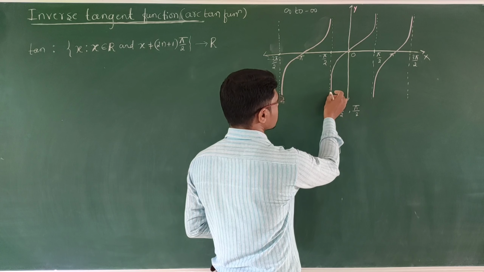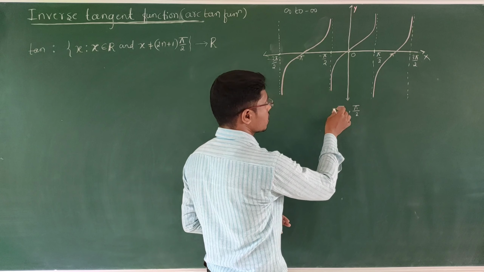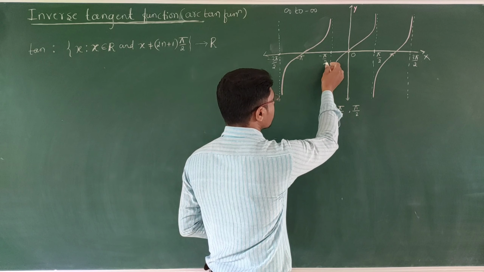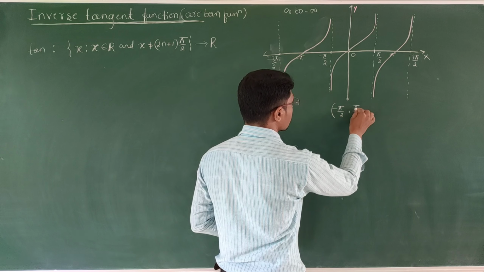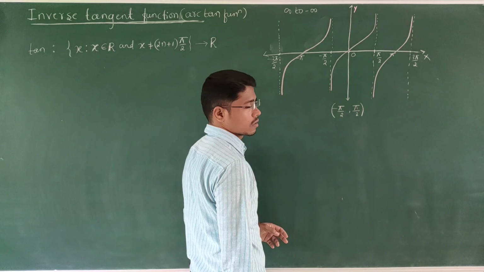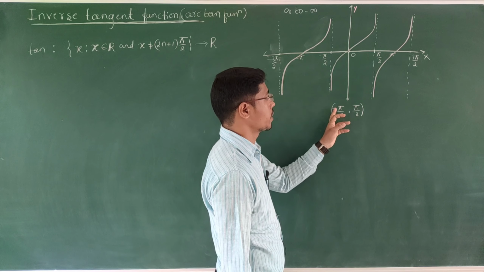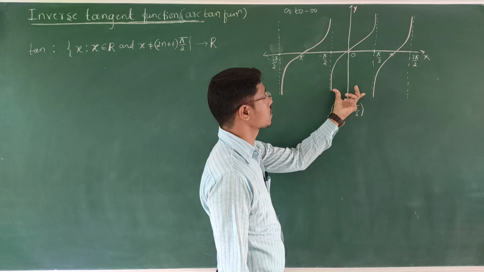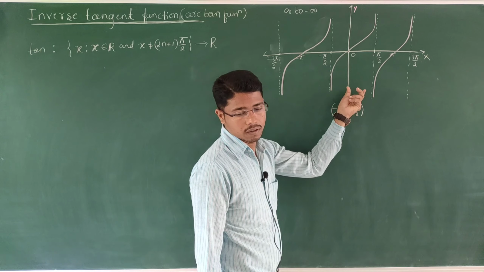This graph doesn't touch the line π/2, therefore we should take open brackets: the open interval (−π/2, π/2).